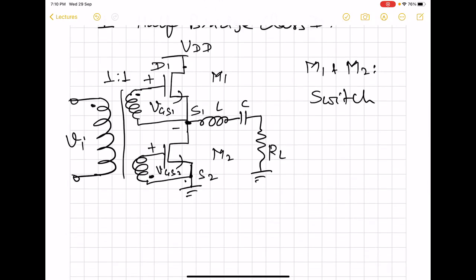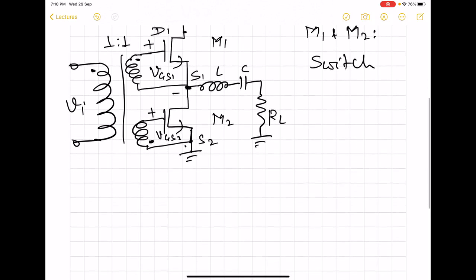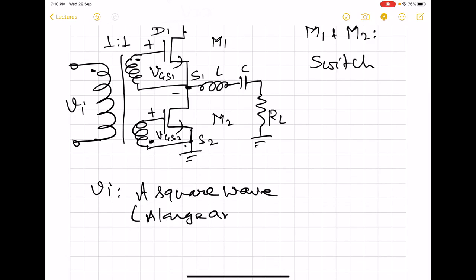Since we want M1 and M2 to act like a switch, the gate to source voltage for these two cases should be large signal, ideally square wave. So this VI is a square wave, or it should be a large amplitude sinusoid.